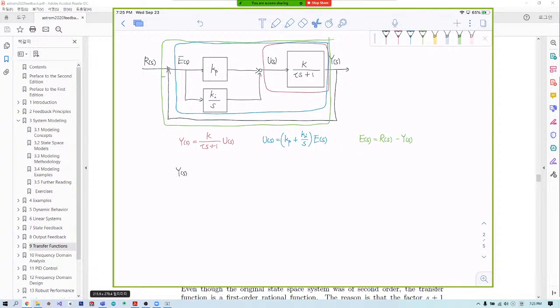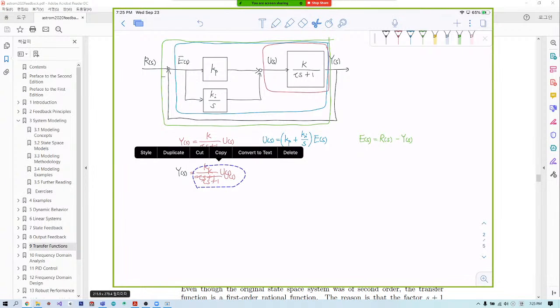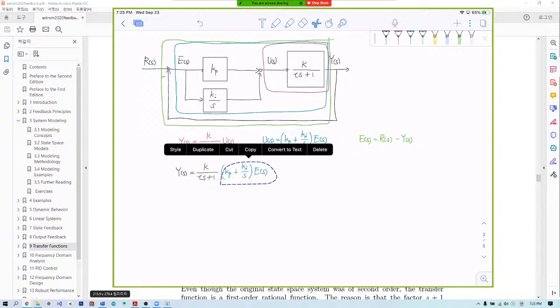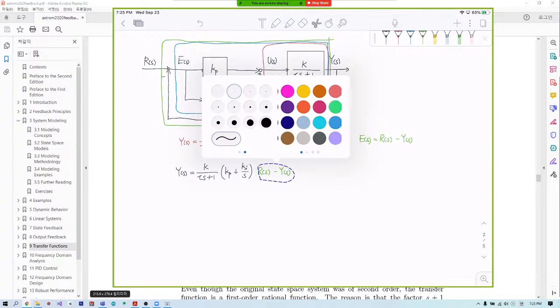From this expression here, we can substitute U of s by this expression that we just calculated. And then lastly, we can use this expression here instead of the error.